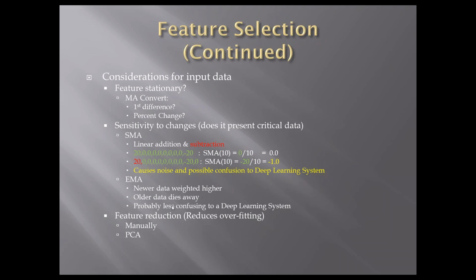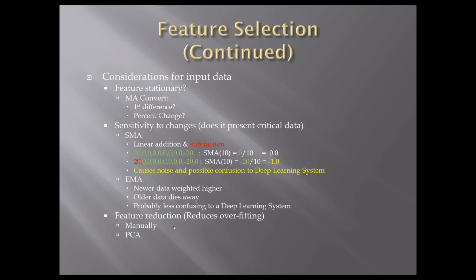So this is probably less confusing to a deep learning system. Again, depending on what problem you're trying to solve, this is assuming that you're looking at a trend or something like that, then you probably want to weight the newer data more than the older data in that data set.